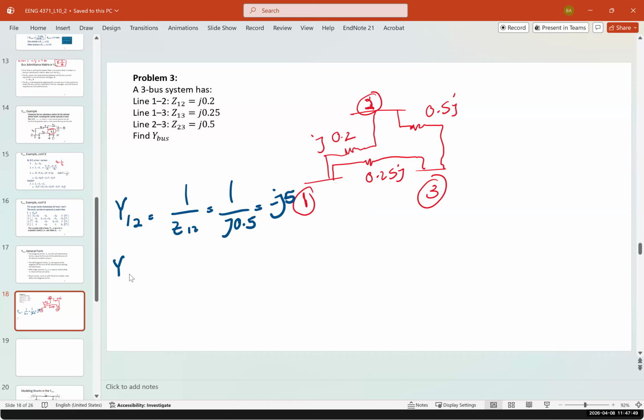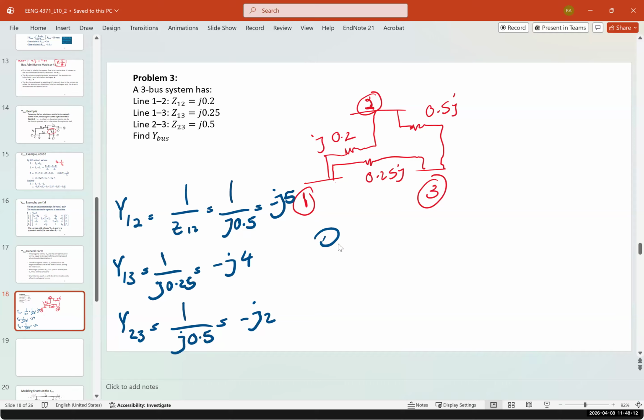And the same thing for Y13. It's going to be 1 over j0.25, which gives us negative j4. And Y23 is going to be 1 over j0.5, which gives us negative j2. So I have the admittances.